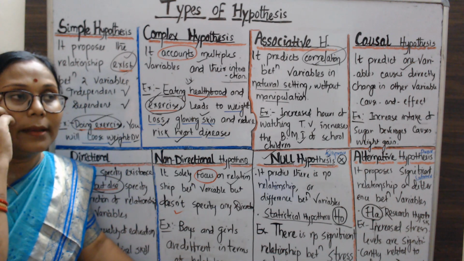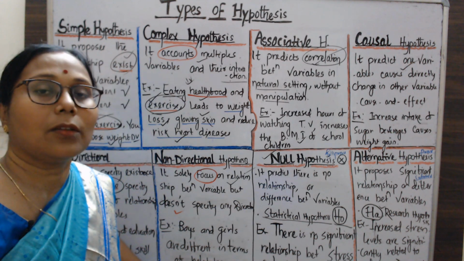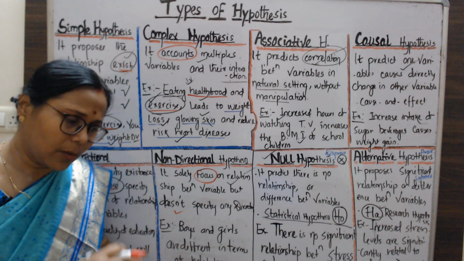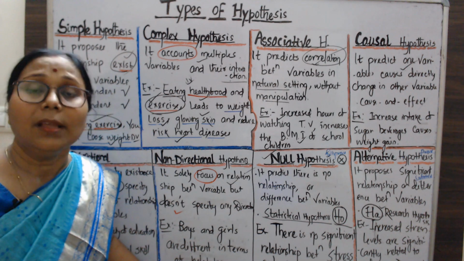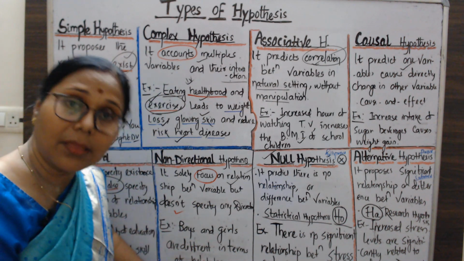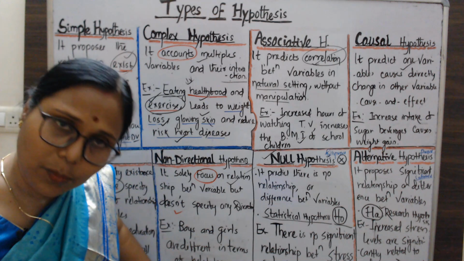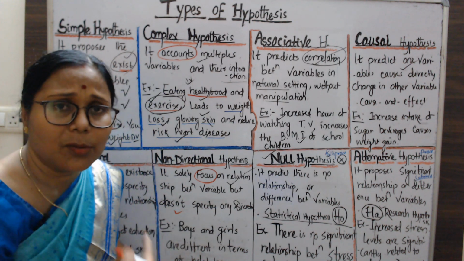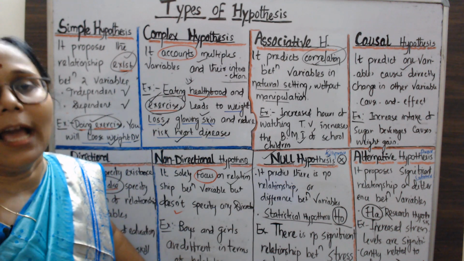If you want to observe their kindness or helpfulness, it will differ from person to person. Sometimes the boys are much more helpful compared to girls, and sometimes the girls are much more helpful compared to boys. So it shows a difference is there, but it's not giving you a specified direction. So this is called a non-directional hypothesis.